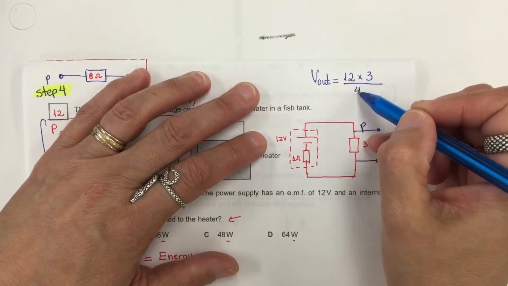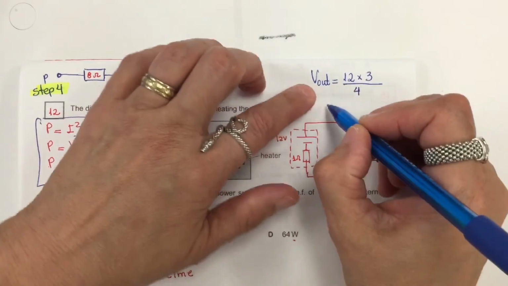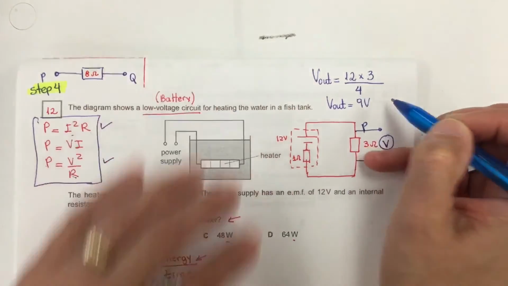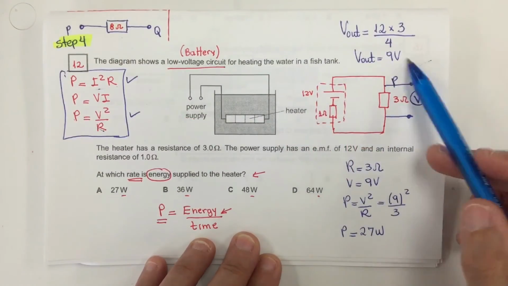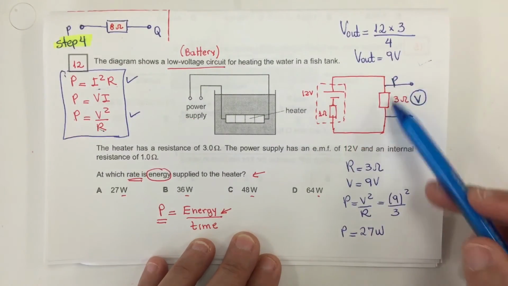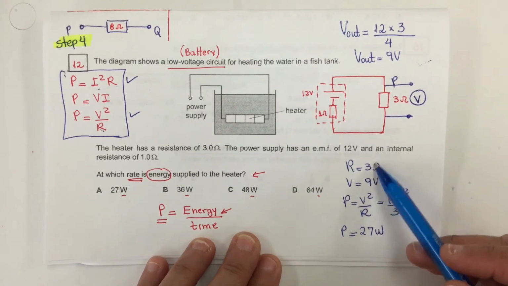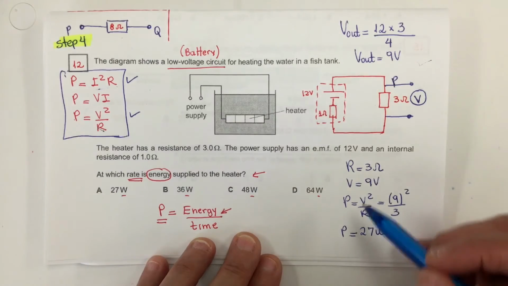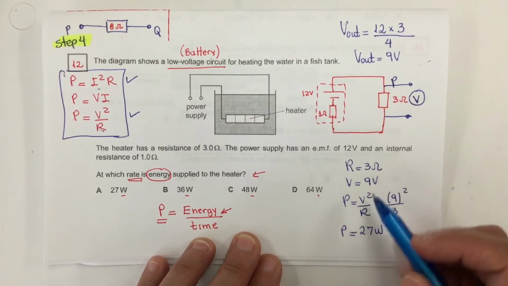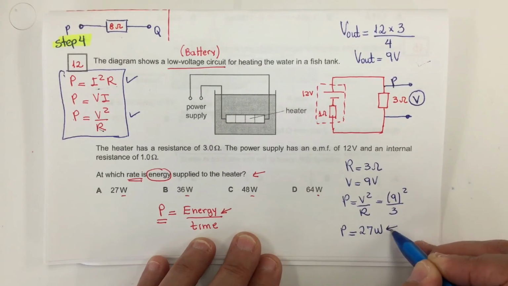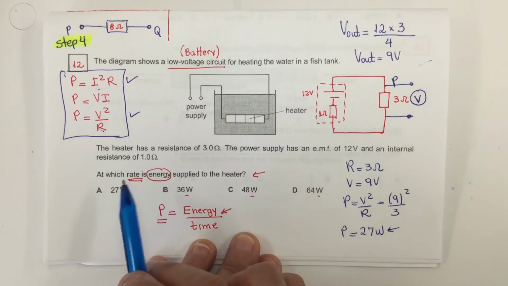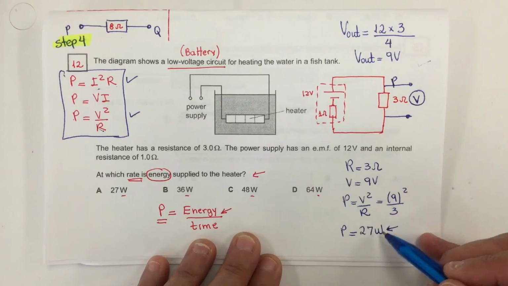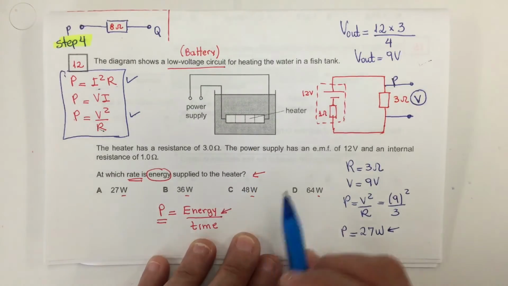So 12 divided by 4 is 3. 3 times 3 is 9. 9 volts. Perfect. Now I have my voltage across this resistor. The resistor is 3 ohms. So I just use this formula, V squared over R. And this is my power, or the rate of energy supplied to the heater.